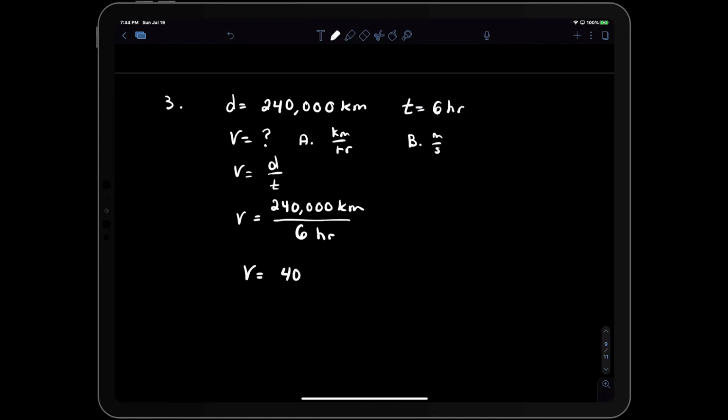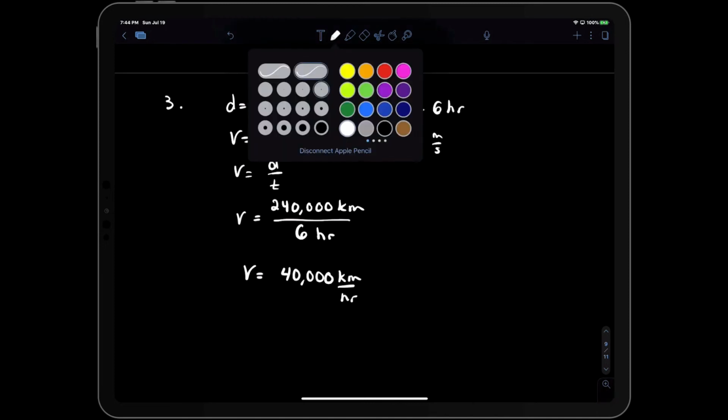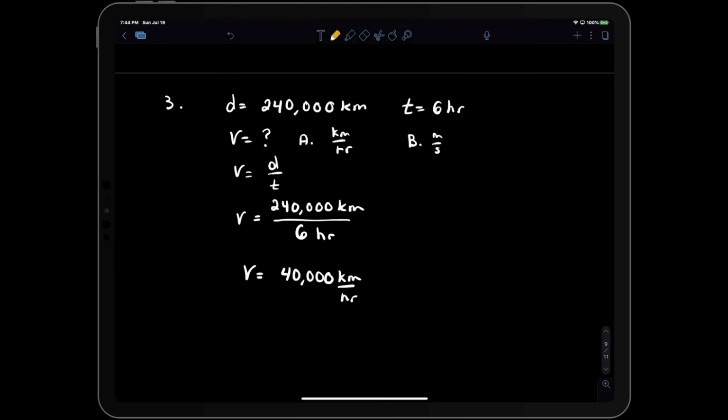Okay, so 40,000 kilometers per hour. Now we need that conversion factor. So the conversion factor, changing the meters, 1 kilometer equals 1,000 meters. And then 1 hour represents 3,600 seconds. We'll match up our terms, plug it in, and we should be set.